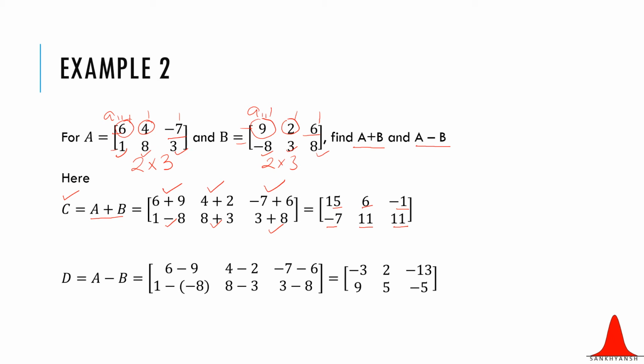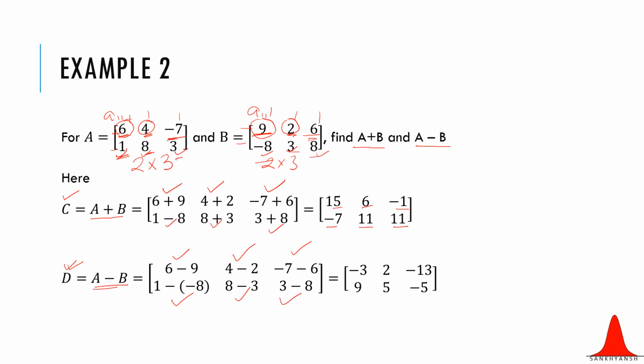Similarly, when we did A minus B to get the resultant matrix D, we subtracted B elements from A elements. So we have done 6 minus 9, 4 minus 2, minus 7 minus 6, 1 minus minus 8, 8 minus 3, and 3 minus 8.